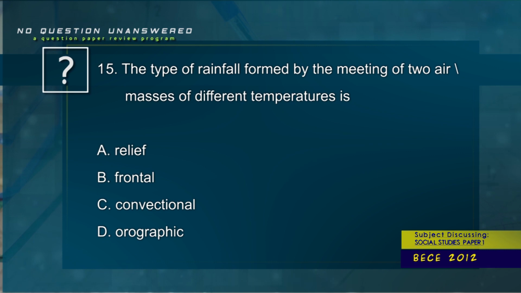These clouds hang up there, and then at a point in time, they fall back as rain. Viewers, these are the three types of rainfall. However, the correct answer to our question is B, cyclonic or frontal rainfall. That is the type of rainfall formed by the meeting of two air masses of different temperatures.